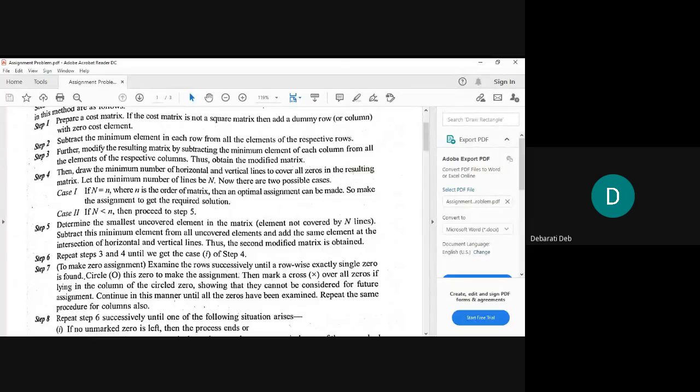Hopefully you have the drawn lines in your copy. See and tell me whether it is case 1 or case 2?